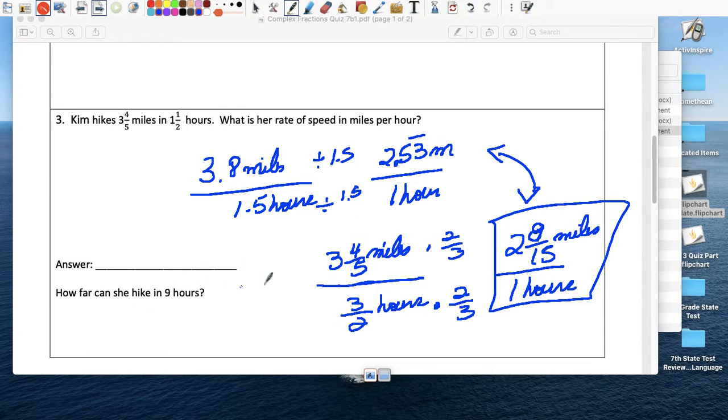How far can she hike in 9 hours? Well, in this case, I would definitely use the fraction version, right? We know that she can hike that in 1 hour.